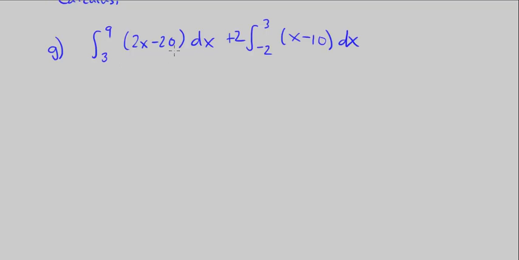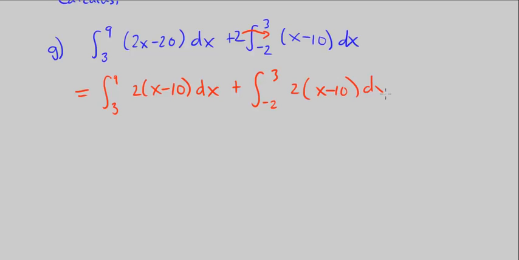So what I see here, I'm going to make this easier for me because I could do these separately. I could go ahead and find this definite integral and add it to this definite integral. But I see something, if I factor out a 2, right, this is equal to the integral from 3 to 9, and I factor out a 2, x minus 10 is left inside, plus 2 times, actually I could bring this 2 in, so that's the integral from -2 to 3 of 2 times x minus 10 dx.